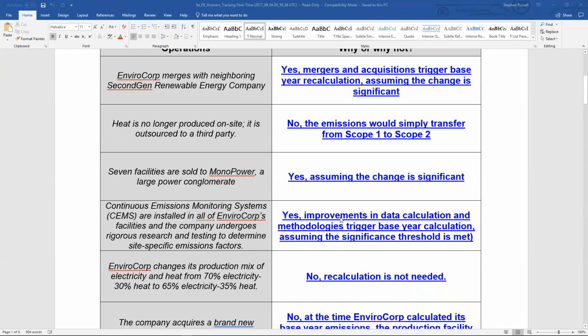And as Quinton pointed out, that last point also applies to the first case here, when EnviroCorp merged with a neighboring company. While we said that recalculations would be needed if the threshold was met, recalculations wouldn't be needed if the acquired company didn't exist in the base year of the reporting company. Okay, so thank you for pointing that out.